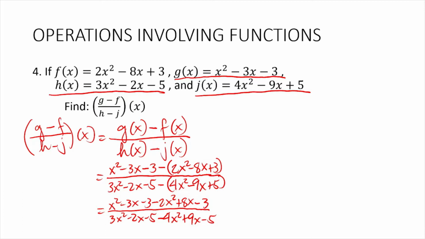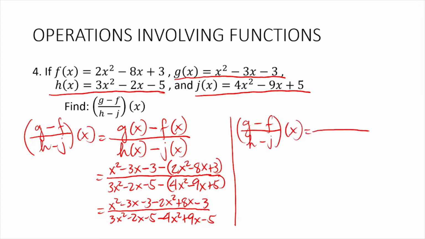Okay. And then next, we collect and combine like terms, right? So let me just rewrite g minus f all over h minus j of x. Okay. And then from this line, we collect and combine like terms. So let's focus first on the numerator. We have two quadratic terms, x squared and negative 2x squared.